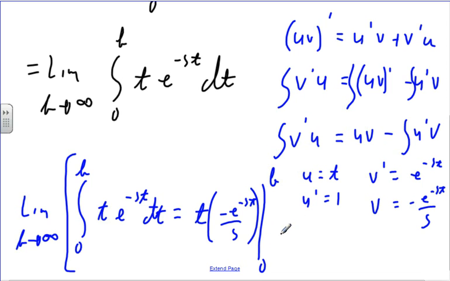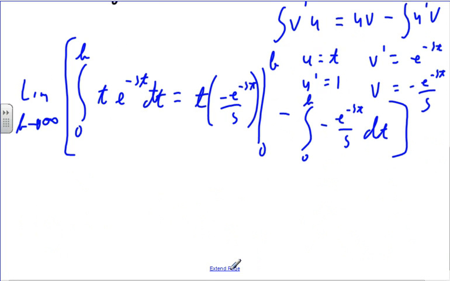You did remember to do that, right? Minus the integral from 0 to b of u prime, which is 1, times v, which is minus e to the minus st over s, dt, close bracket. Now, it would have been better to do that in a different color, and I apologize for that running together ever so slightly.